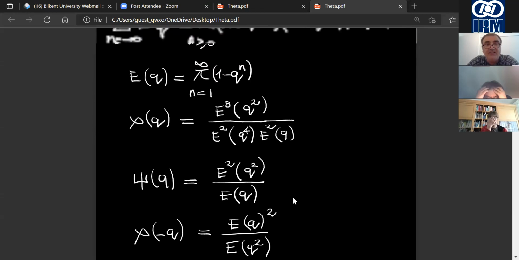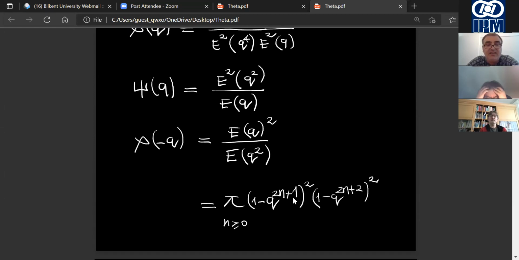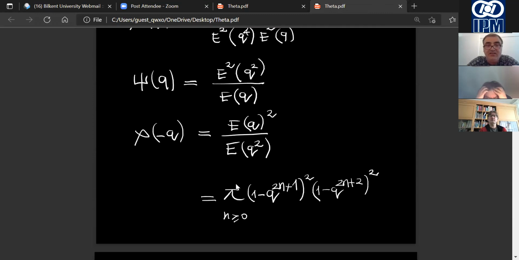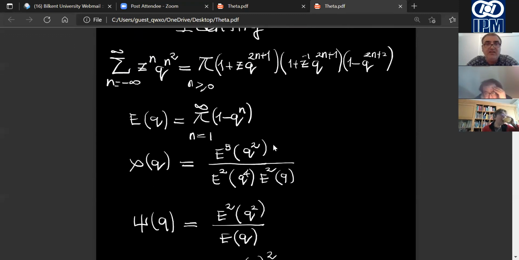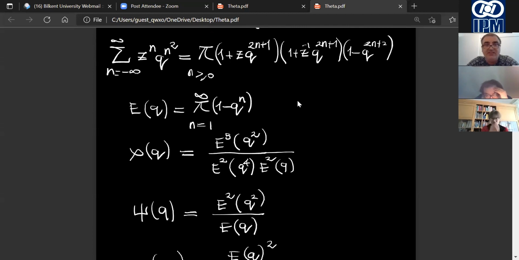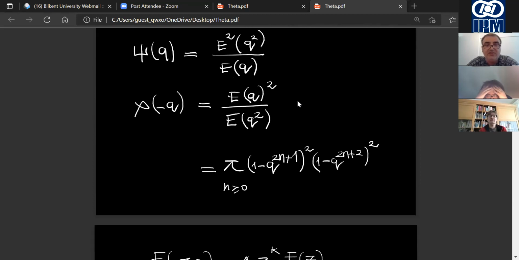Basically, if I apply the Jacobi triple product identity directly, psi of minus q would be this infinite product here, but you can manipulate these infinite products and write everything in terms of the Dedekind eta function. If you apply Jacobi directly, you will get a simpler representation, but it will not necessarily be in terms of the eta function. Okay.